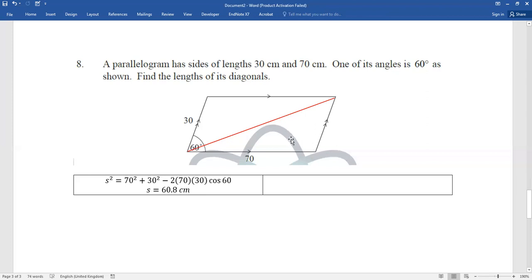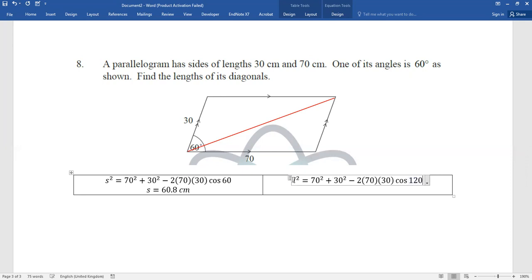So if this is 60, you subtract 60 from 180, this will be 120. Now you have 70, you have 30, and the angle 120, and you need to find the larger diagonal. Again, you'll use the cosine rule. 70 square plus 30 square minus 2 into 70 into 30 cos of 120.